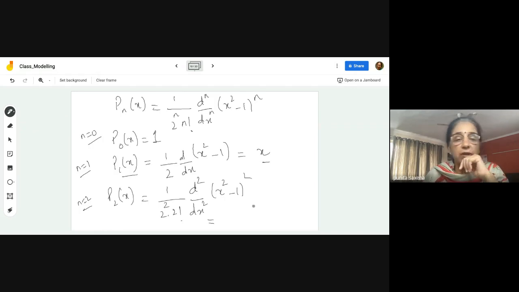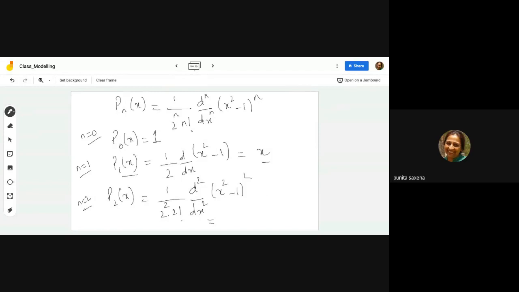Can you just quickly simplify what you get? Compute till P5, all the polynomials, P2, P3, P4, P5.